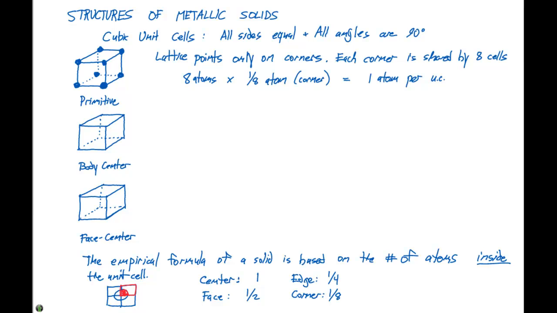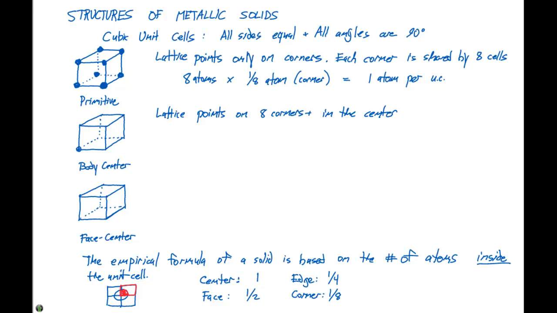Now if we look at a body-centered cubic, a body-centered cubic is nearly identical to a primitive cubic cell, with one exception. So on the body center, we have lattice points on 8 corners and in the center.